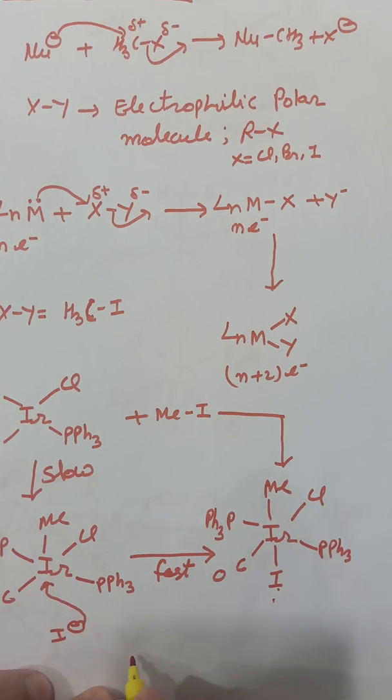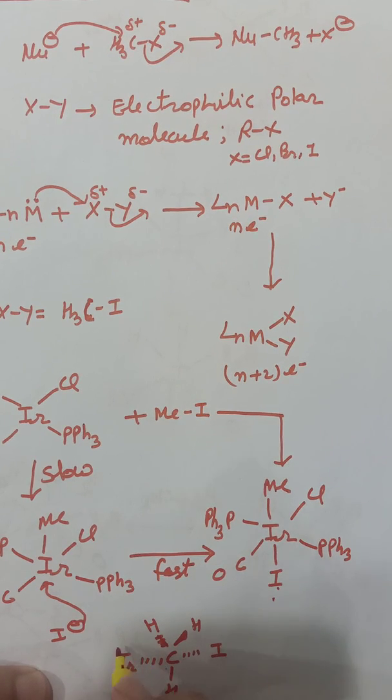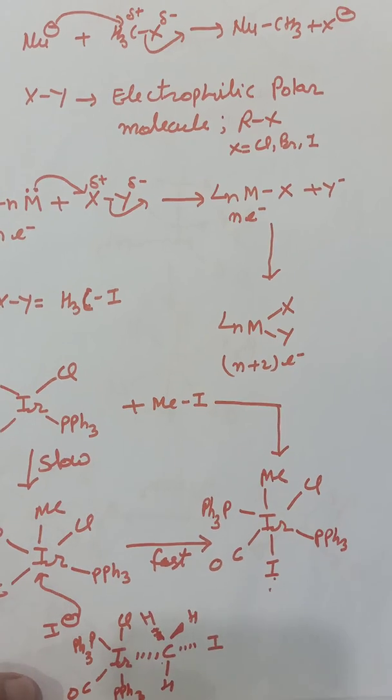Here also there can be a formation of a transition state, with iridium of your Vaska complex, Cl, PPh3, CO and PPh3.